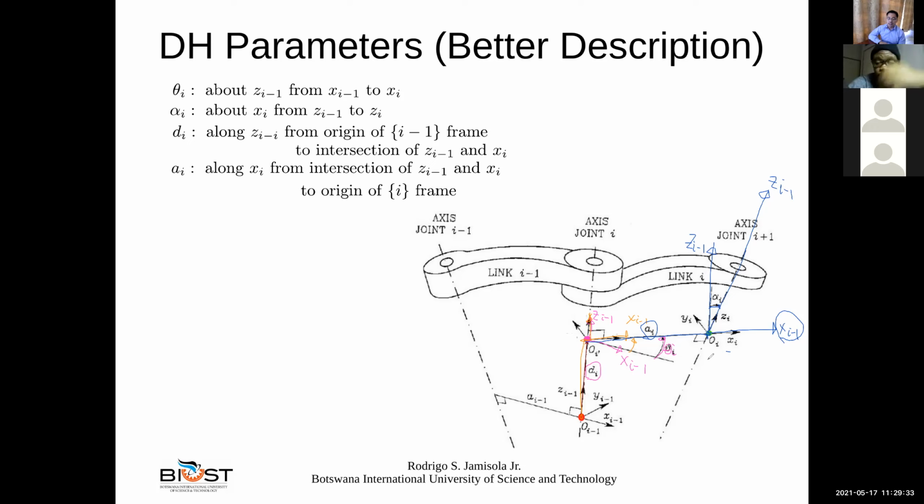That's all. In this case, just to visualize it, we can say that you transform your frame I minus 1 by four transformations in such a way that your frame I minus 1 becomes coincident with frame I.